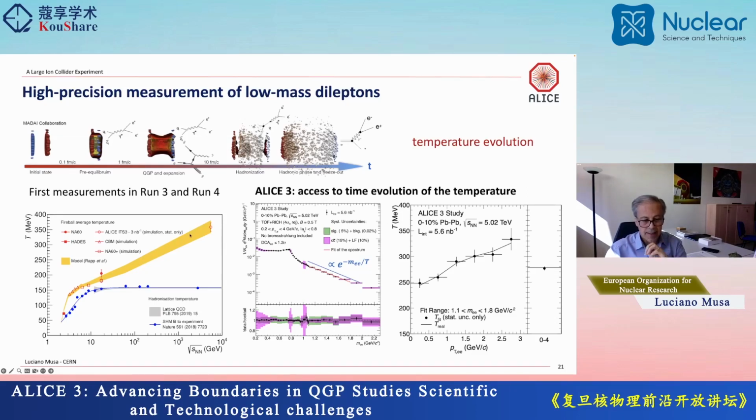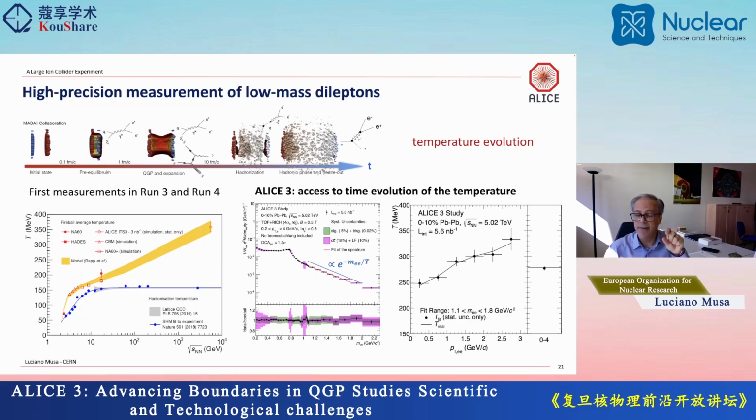And after the LHC Run 3 and Run 4, by the end of Run 4 of this decade, we believe we will have measured the average temperature of the QGP. So we have a measurement here. You see our predictions at the end of Run 4. But we will not have access to a fine-grained picture of the temperature throughout the fireball time evolution.